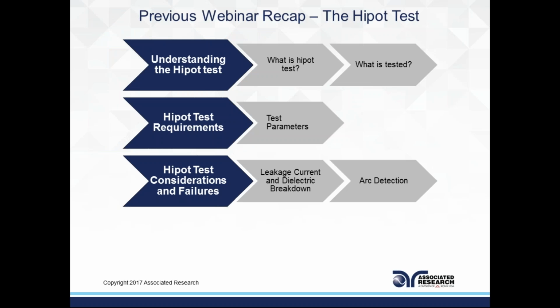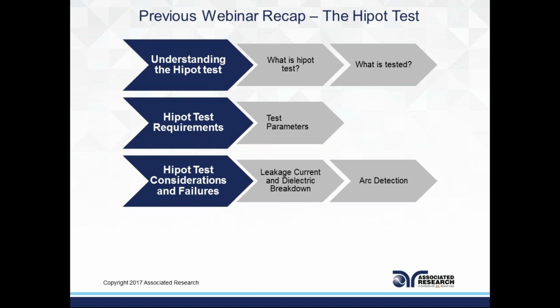Before we get started, I wanted to go over what we covered in the last webinar. The last webinar really covered the HiPoT test. We looked into detail of how the HiPoT test is performed, what kind of electrical circuits are being tested for the HiPoT test, and what kind of test parameters to be used. We looked at some of the standards that go over HiPoT test parameters and what kind of requirements come through some of these standards.